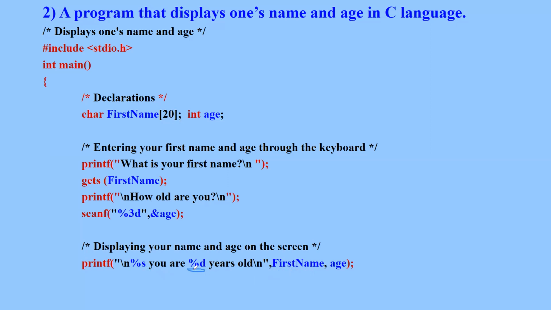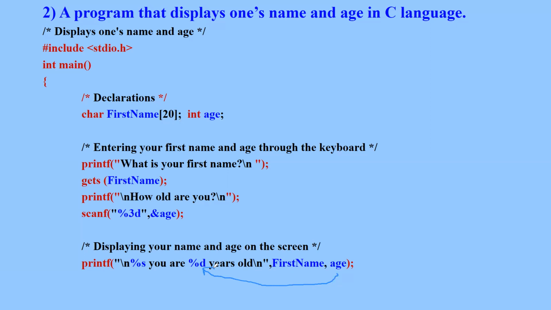Then this is an identifier for an integer, meaning pick whatever is in the memory location called age, whose content is of type integer, and display it at this point. %d is the identifier for an integer.